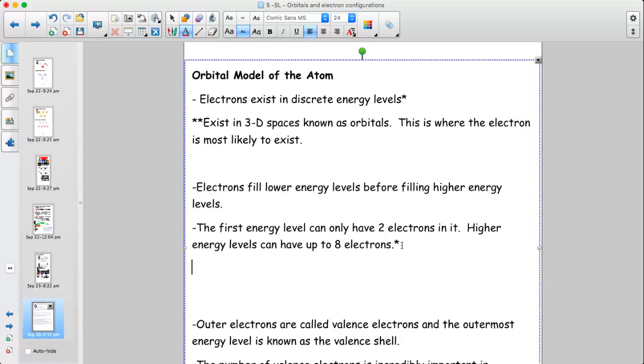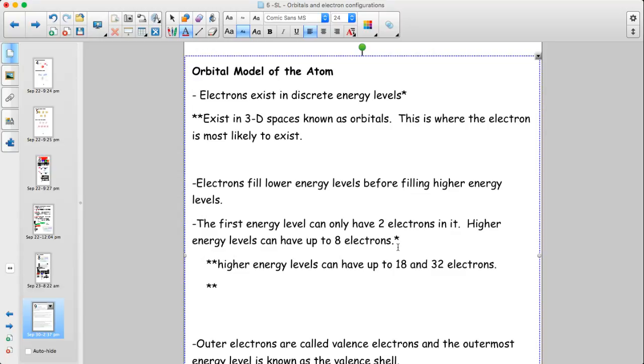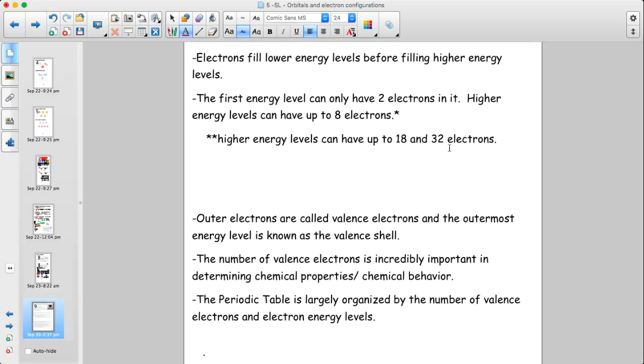Higher energy levels can have up to 8 electrons. Actually, higher energy levels can have up to 18 and 32 electrons. But that 8 is still going to be a special number that we're going to come back to. It still has to do with the valence electrons. So the octet rule is very important, and it's something that won't go away.